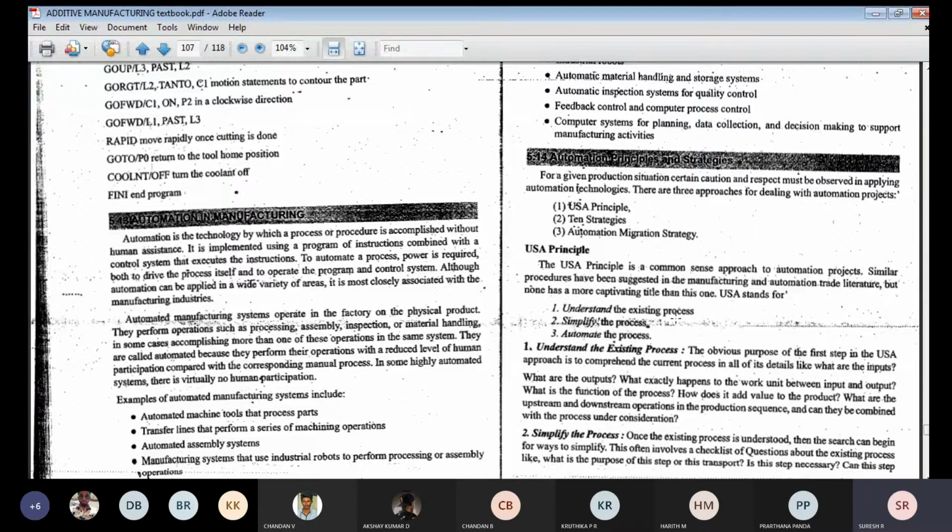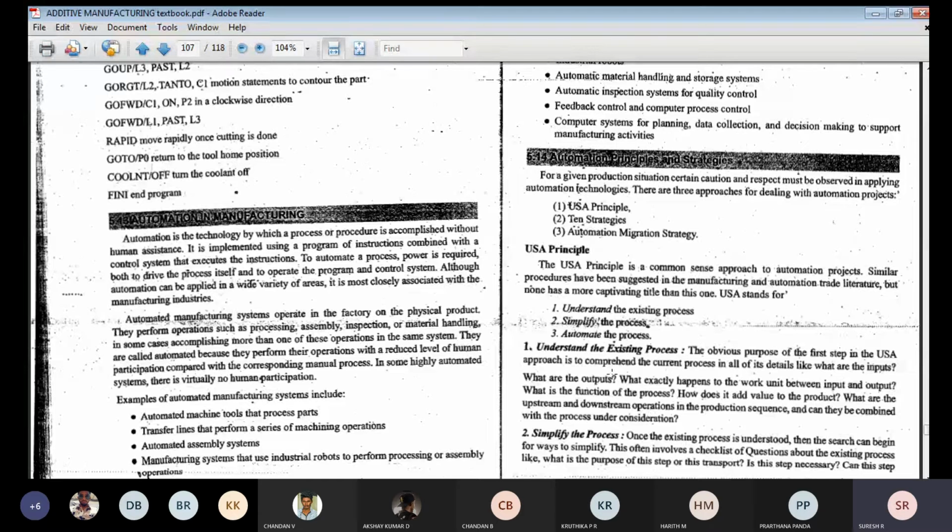You can add some system to that drilling machine so it can be operated automatically, and you can process n number of parts. So the USA principle stands for understanding the existing process, simplifying the process, and automating the process.